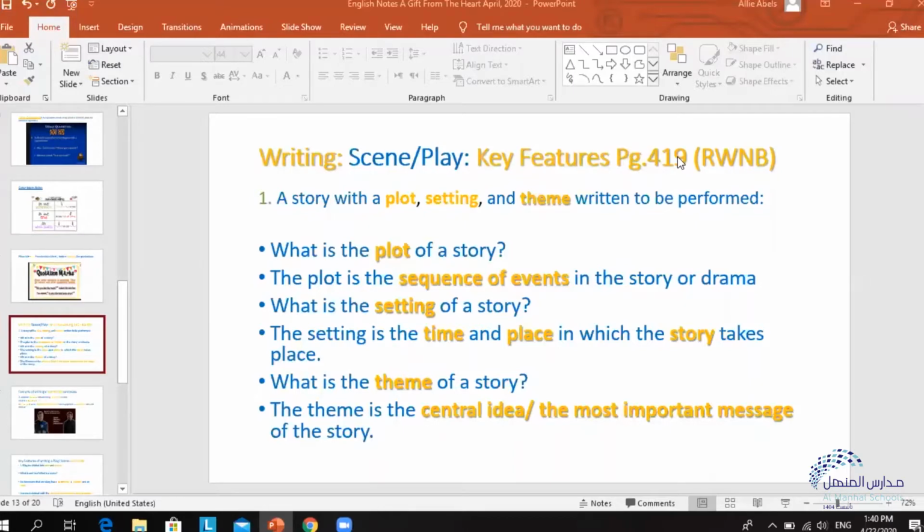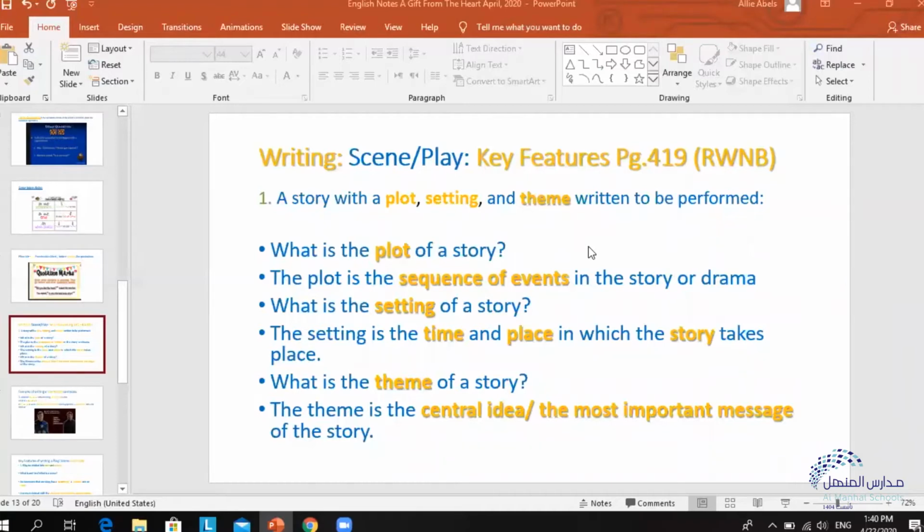There are three things that we need to remember when we write a play or a scene within a play. Firstly, a play is a story that is acted out by a few kids or people. Like when we watch a movie, it is basically a story being acted out by different characters.